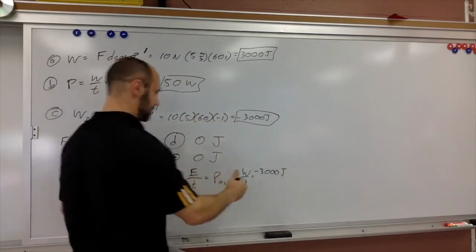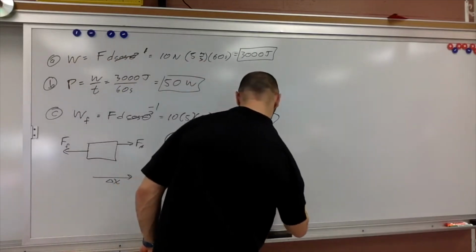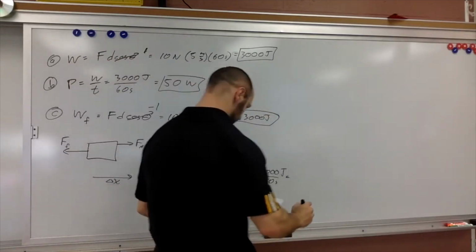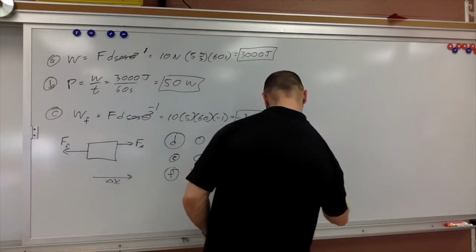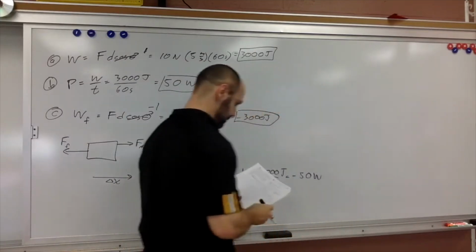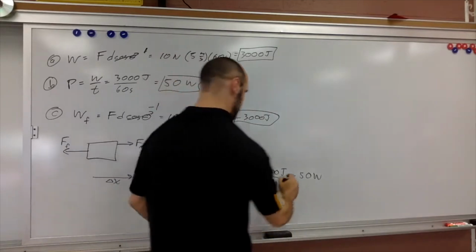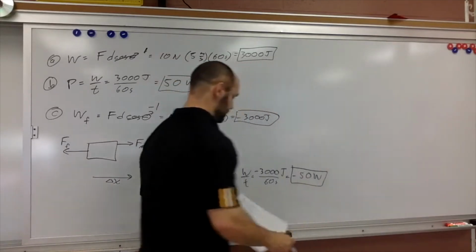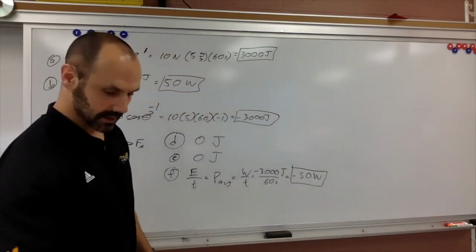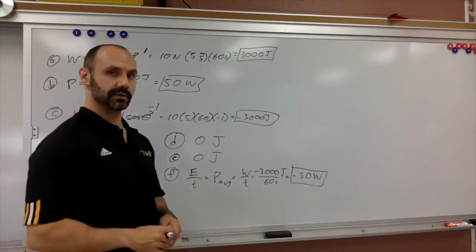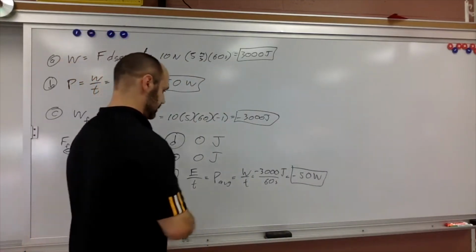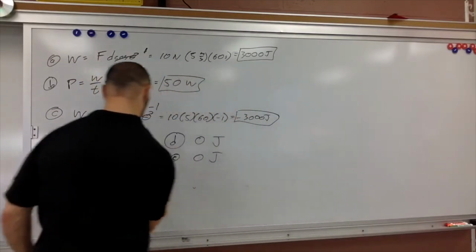And so it's negative 3,000 joules divided by 60 seconds. And I get negative 50 watts. Right? That's the rate at which heat is being produced and energy is lost due to friction. Right. One more example.